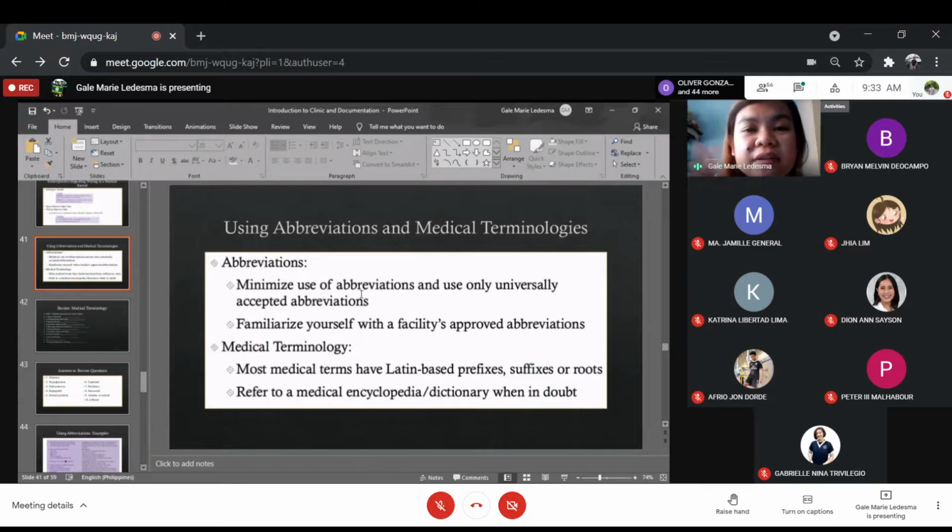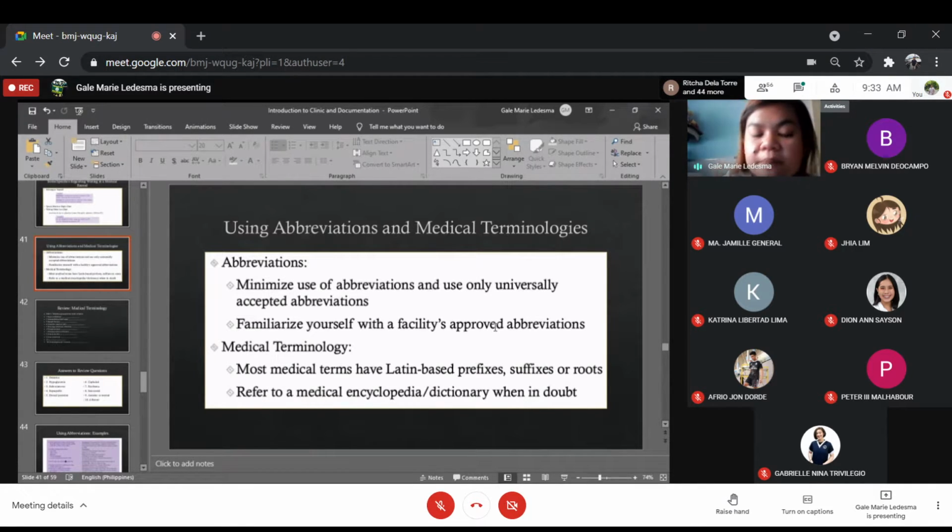Depende kung sa diin ka nga facility or iban, they already have their electronic health records, no? May ara sila yung own nila yung documentation na format na. Okay? Or iban ganit checklist lang na, check lang. Okay? So, kung mag-practice ka na, familiarize yourself with the facilities approved abbreviations and also their format man.